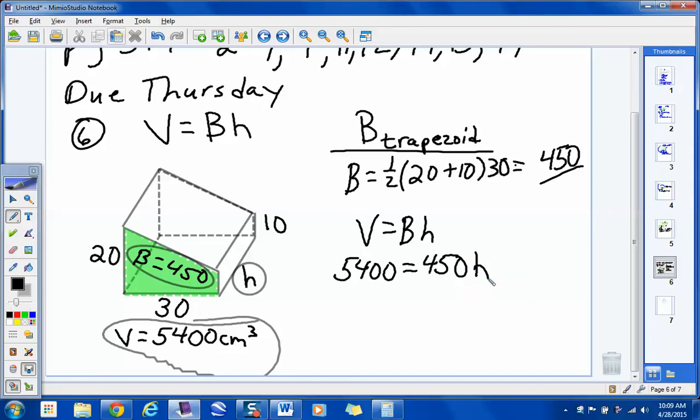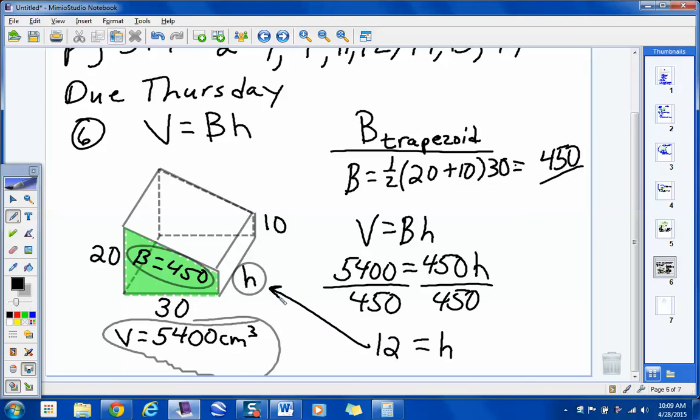So how am I going to use that information up there with that formula and the stuff that I've substituted in to find your height? Divide. When I take this and divide by 450, I have no idea. 12? Is that right? Yay or nay? Yay? So what's this unknown dimension right here? 12 units.